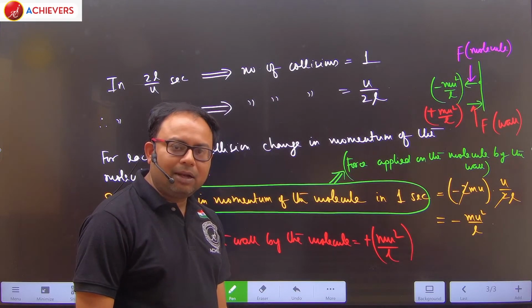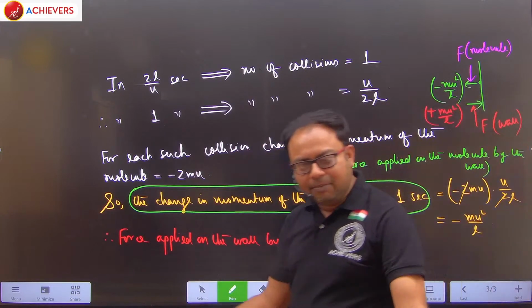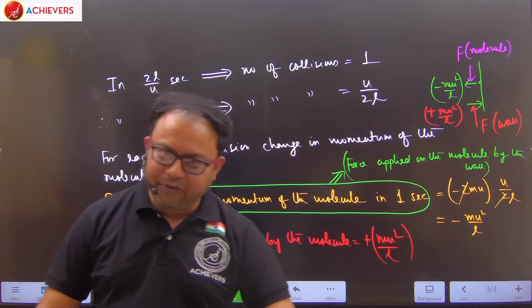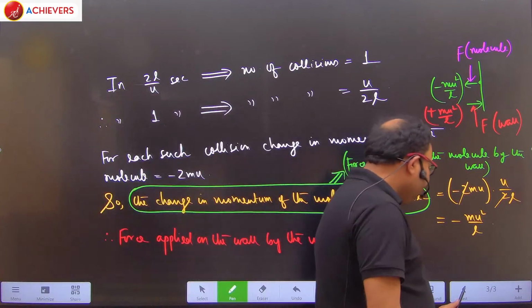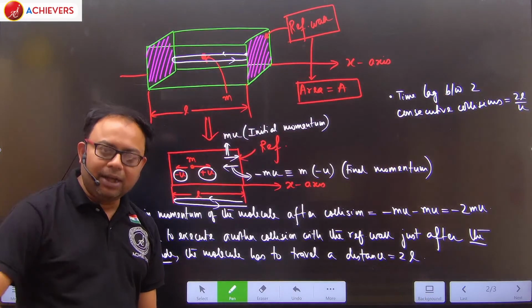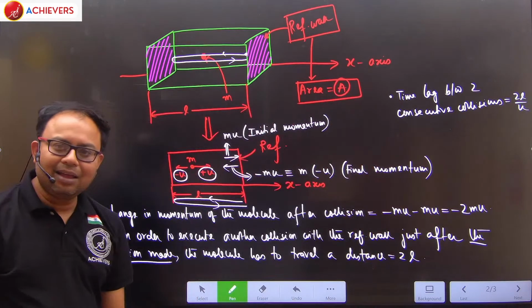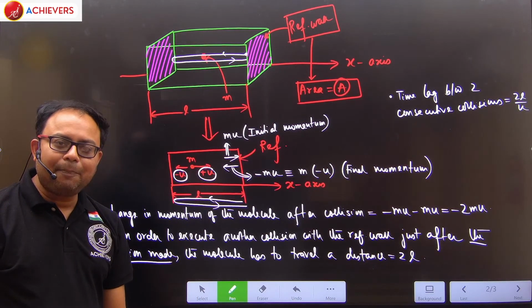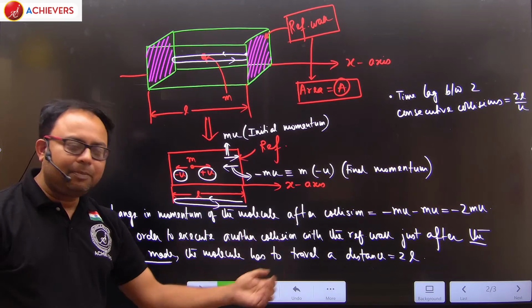Now how can we calculate the pressure on the wall? The pressure on the wall is nothing but the pressure of the gas that we already know. We know that pressure is nothing but force per unit area, and we have considered the area to be A. So what is the pressure applied on the wall? Force divided by area.